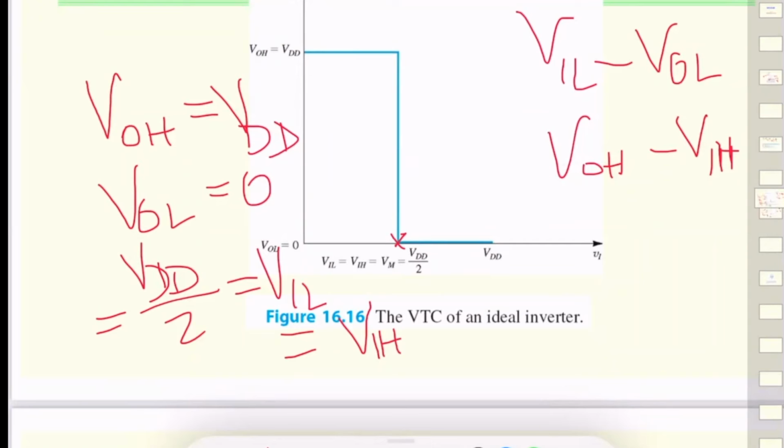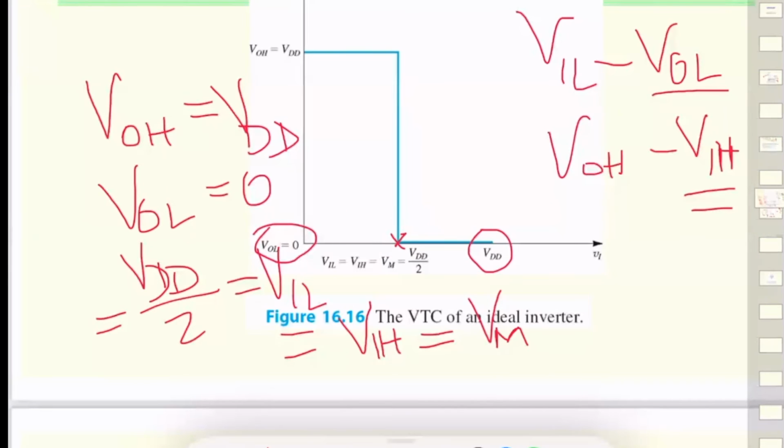So it's the same central point where we would start. Which means my noise margin also would be all the way to that midpoint. That's because here, this is 0 for the ideal case, and this guy is all the way to VDD. So this is the maximum point.